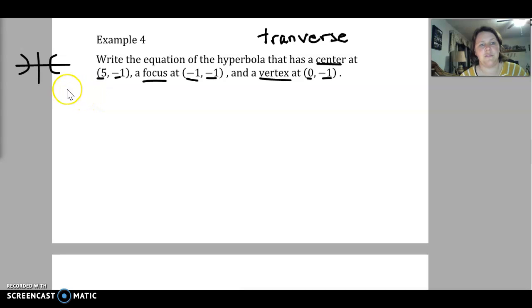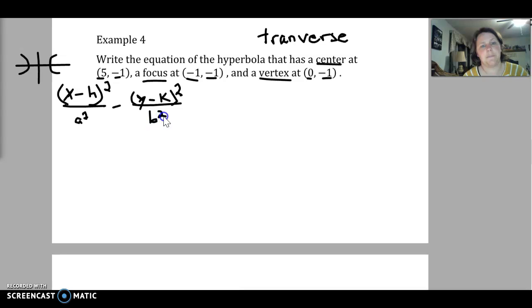And so that means we have the format (x - h)^2 over a^2 minus (y - k)^2 over b^2 equals 1. Okay, we also know the center is at (5, -1), so we can go ahead and plug that in for h and k.